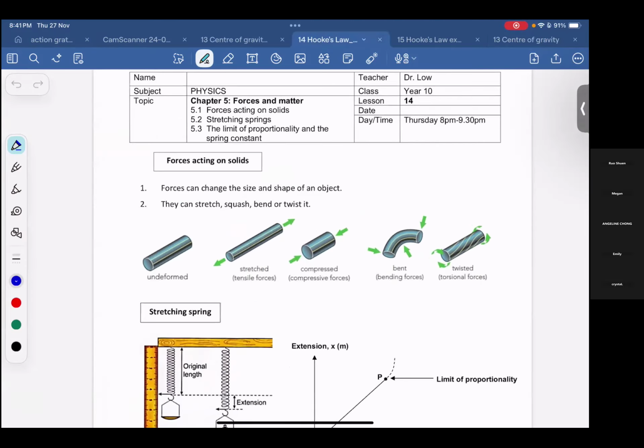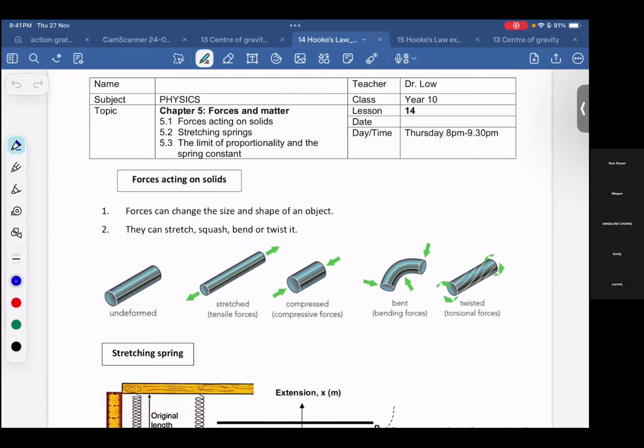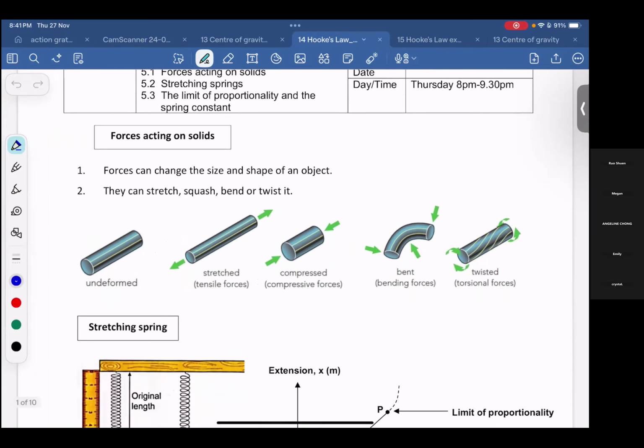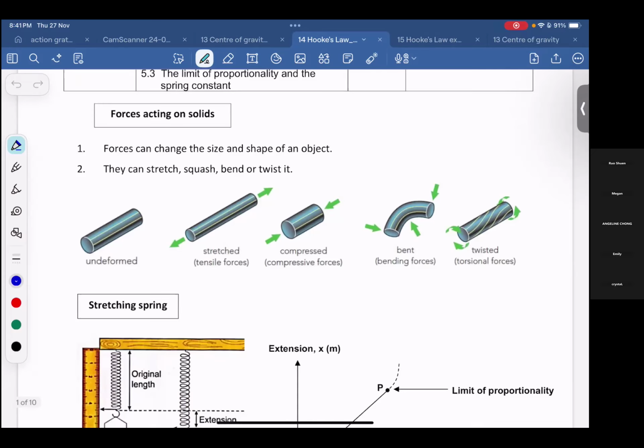Next chapter is actually chapter 5, force and metal. Okay, here, force acting on the solid can change the size, change the shape, okay? But you always remember, no matter what, mass is always constant. So some of the MCQ questions, they're trying to trick you.